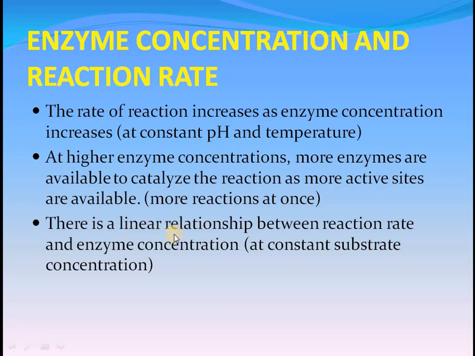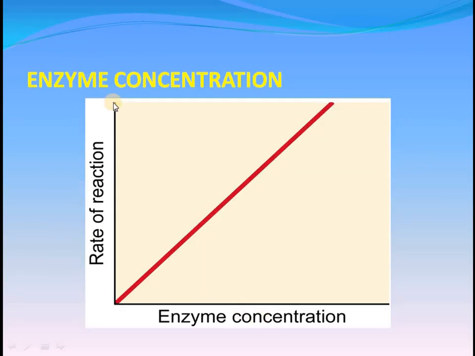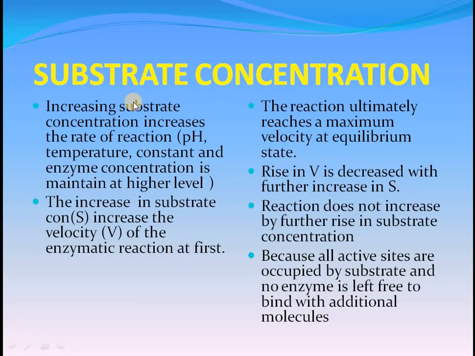It is a direct relationship, because as the enzyme concentration increases, the rate of the reaction increases. You can see in this graph that as the enzyme concentration increases, the rate of the reaction also increases. Now the next point is substrate concentration.